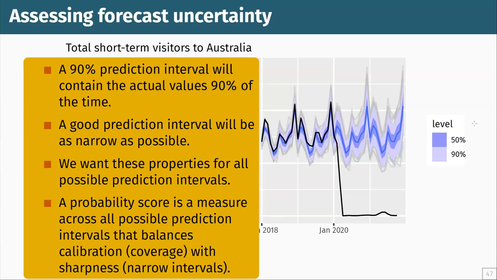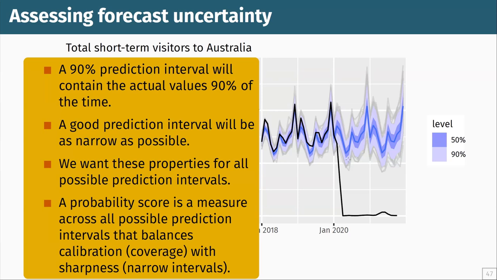You count what proportion of actual values occur within the 90% intervals. You can see in this example, you've got some points that are just getting outside. That one's just outside the 90% interval, and so is that one. The rest of them are inside the 90% intervals, and so that's about 90% of the time.